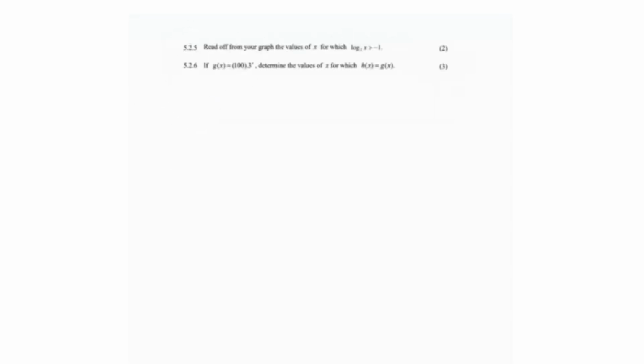Here it says sketch or read from the graph of f of x, where the graph log 2x is greater than negative 1. So now let's go to the graph.